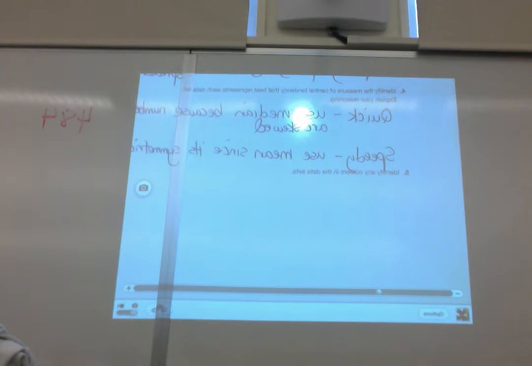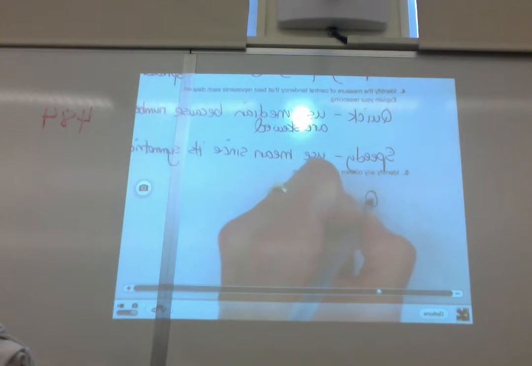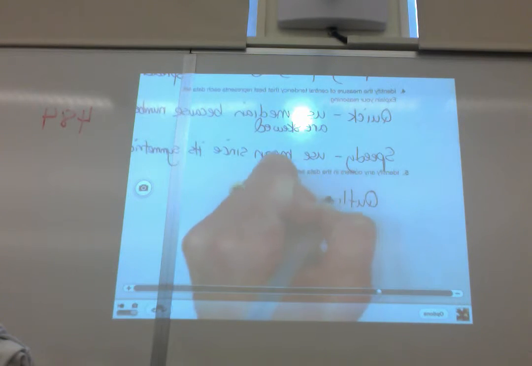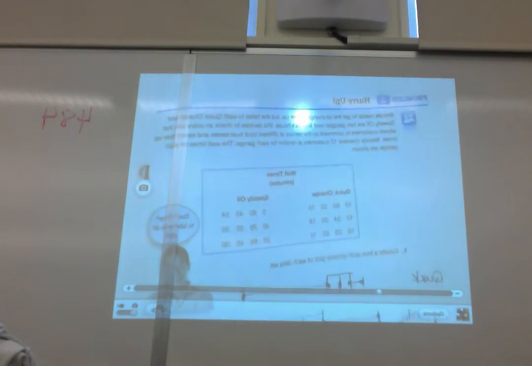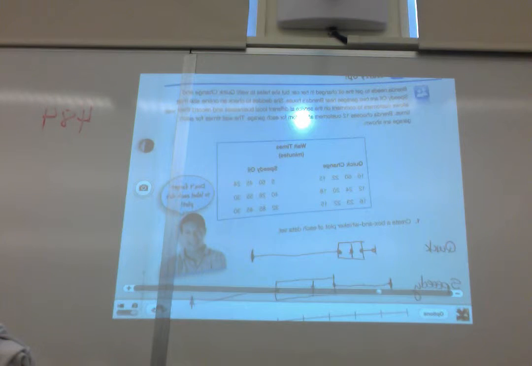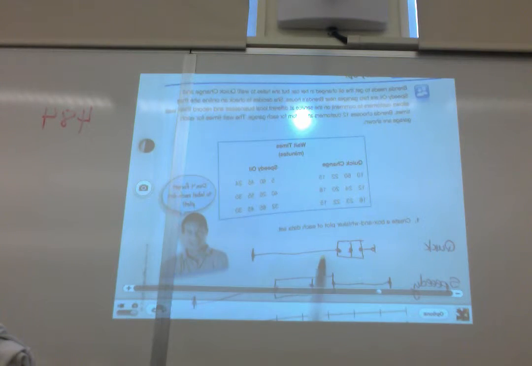Identify any others in the data set. Outliers. What do we see as outliers? Now, outliers you're probably more going to have with this QuickTime where you have a big skew. What would you say is an outlier for QuickTime?